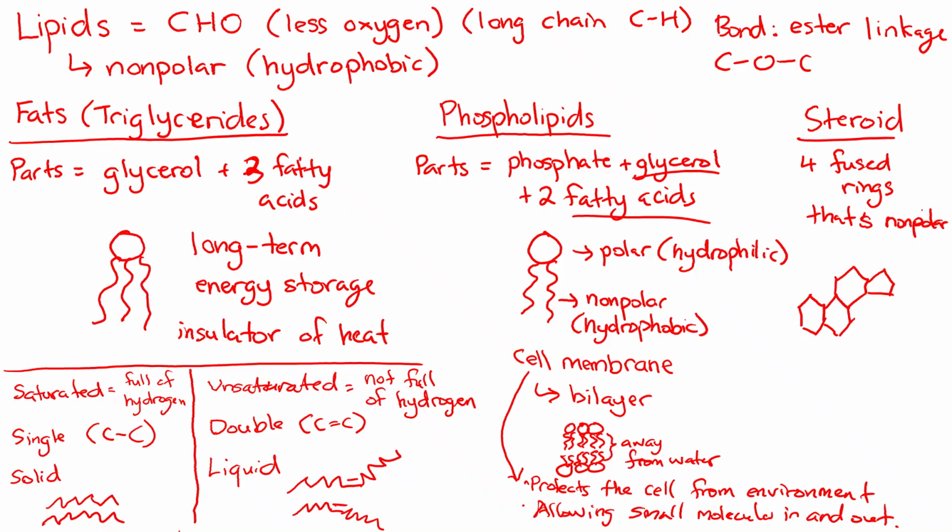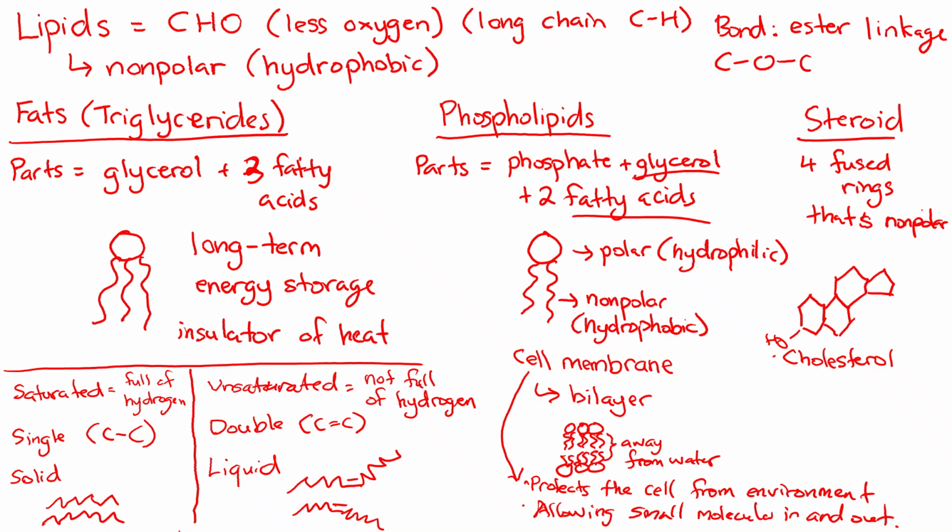The big example we need to know is cholesterol. Cholesterol, as we learned in class, has a polar portion that can attach to the cell membrane to affect its membrane fluidity. And so this right here should be an OH. Let me clean it up. OH.